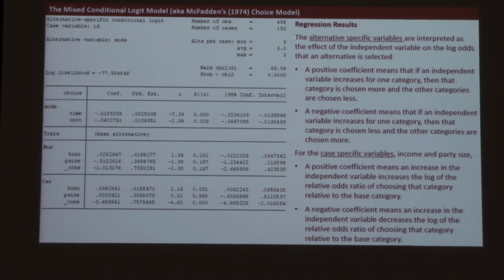So one of the problems was we're using a model designed for a different type of data structure. The other problem is something called, this is a mouthful, the independence of irrelevant alternatives.